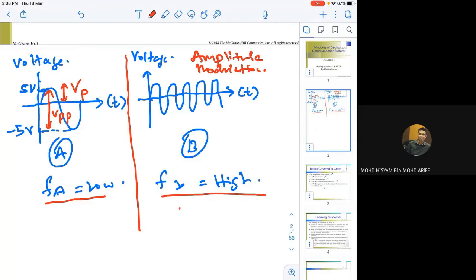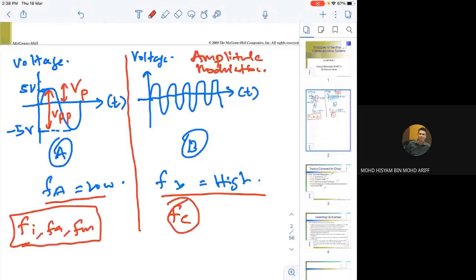High frequency is related with F carrier, FC. And then low frequency is related with F input, F audio, FM. All are the same term. Simple thing. That's why before we start, understand this first. FC is fixed.